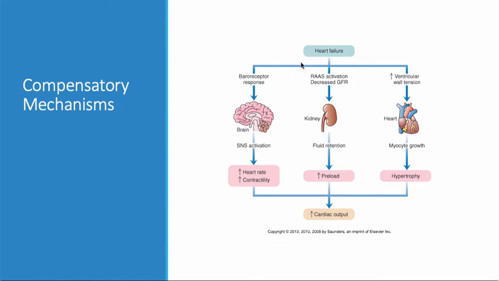We also have the renin-angiotensin-aldosterone activation that leads to fluid retention, which increases preload. Well, when you increase preload, you increase the wall tension, and that increased wall tension makes your heart work harder, and it stimulates growth of the myocytes, and therefore you get hypertrophy, right? It's that compensatory cellular adaptation.